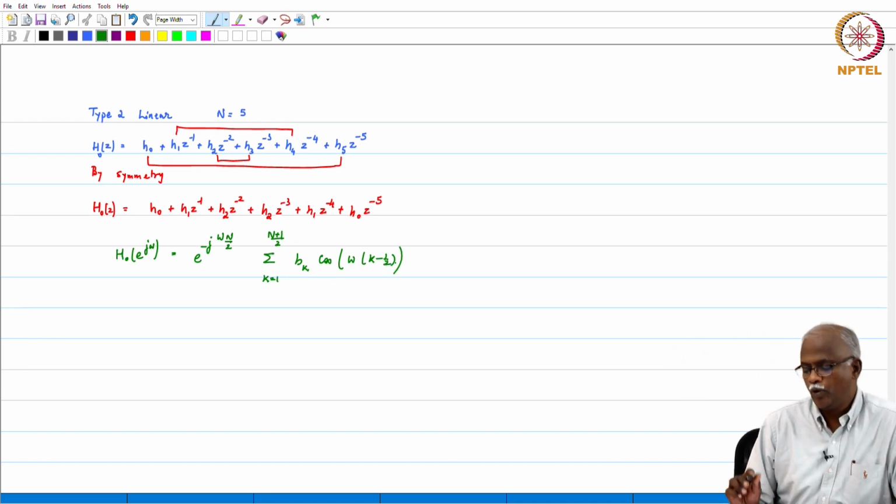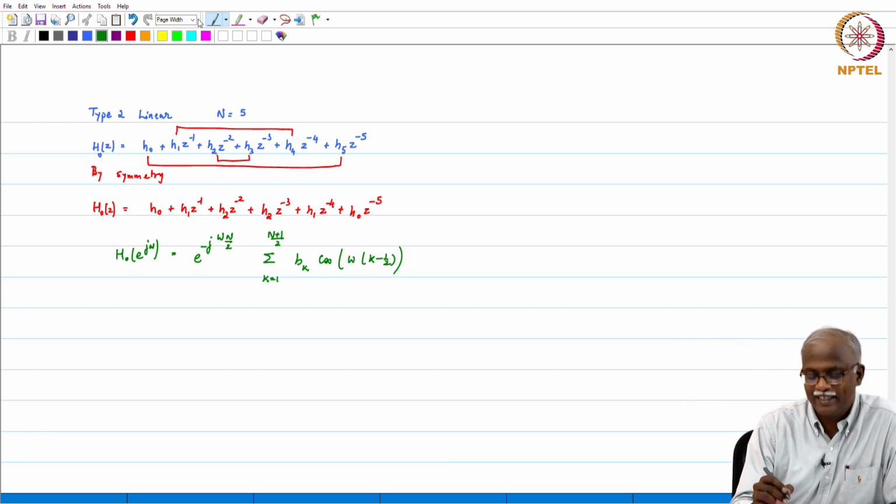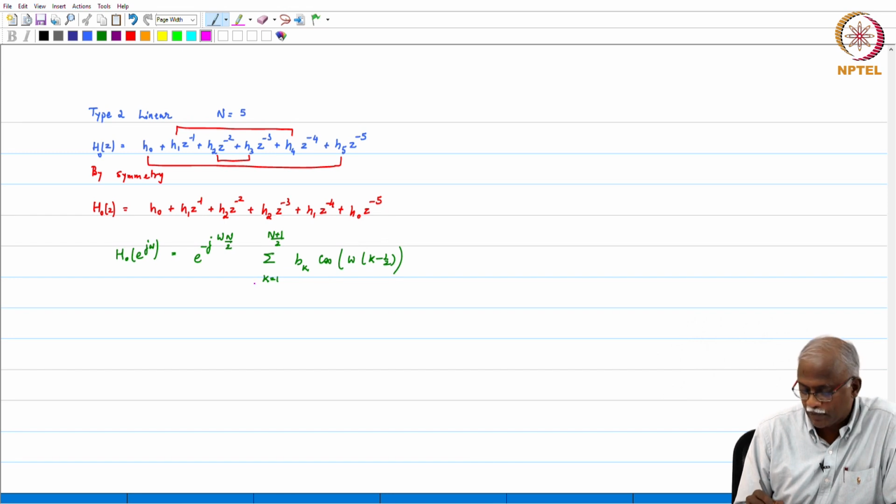Again, this is the result from Oppenheim and Schafer, so that is the reason why I am not deriving it in this class. I request you to kindly look it up. Now this is a real valued function.